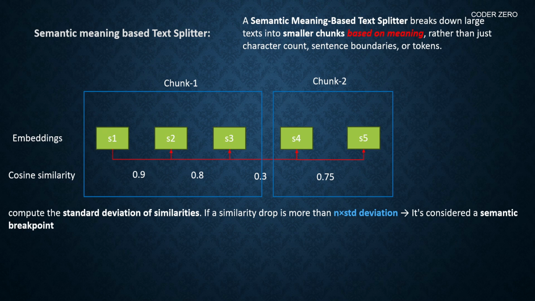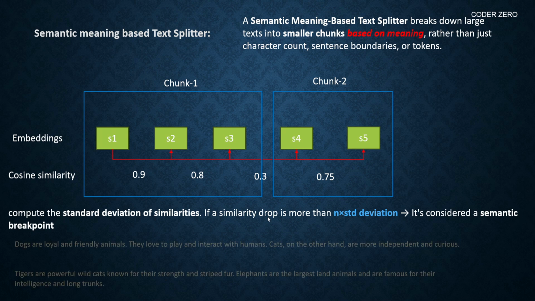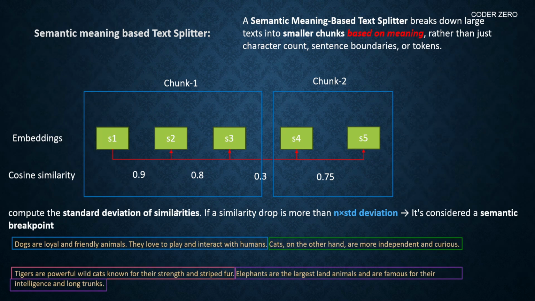So if we take n equal to 1 and a cosine similarity is greater than 1 standard deviation, we'll create that point as the split point. That means we'll be splitting the document at that point, just like this, you can see. So this example of ours will have chunks like this.